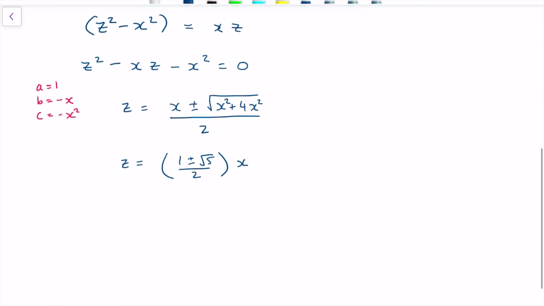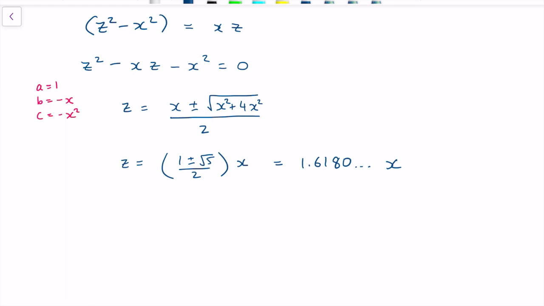So if we look at switching to decimals now, because they're not nice solutions, I could rewrite this one as just considering the positive root, 1.6180, I could do some more decimal places if I needed to, multiplied by x.